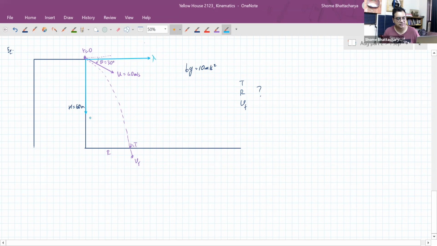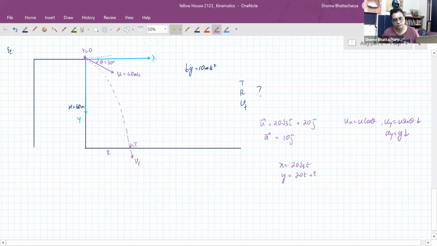So taking the x-axis like this and the y-axis like this, you'll see that the initial velocity... these are the values.